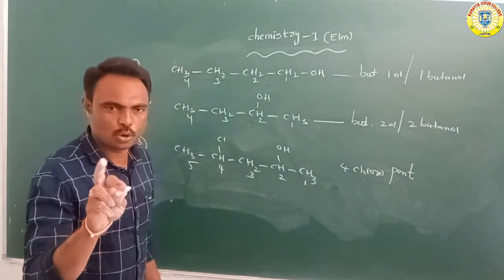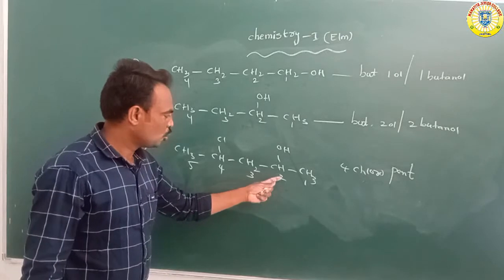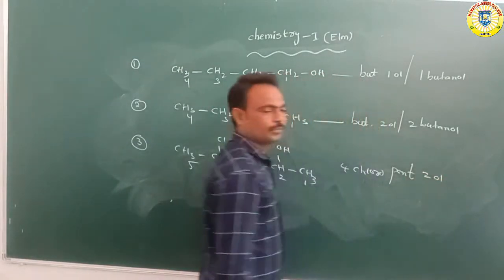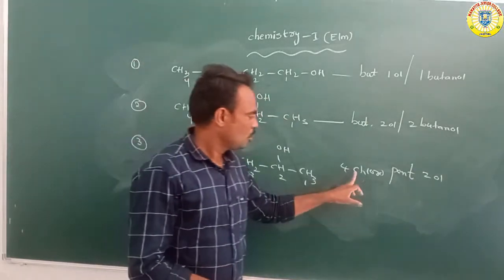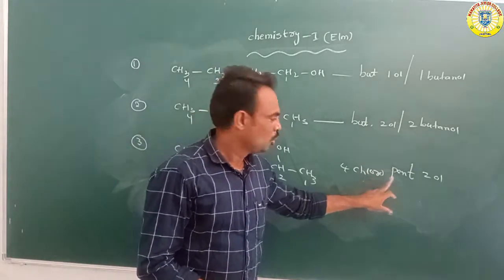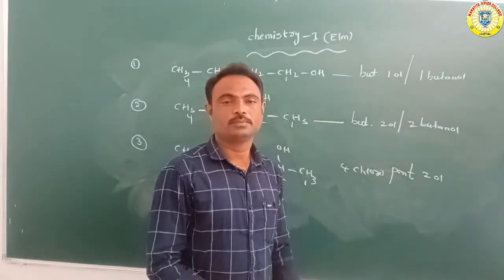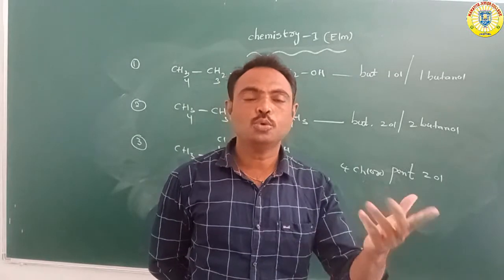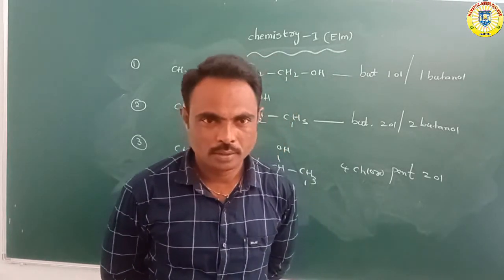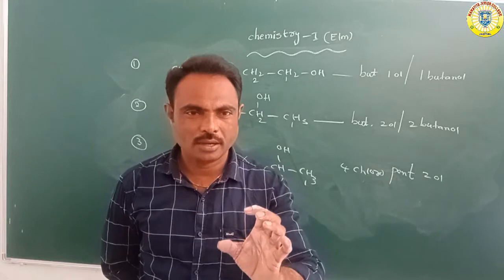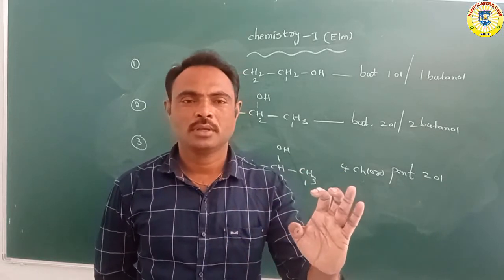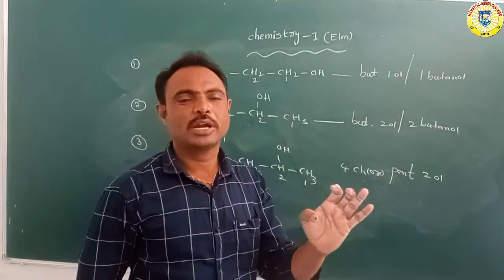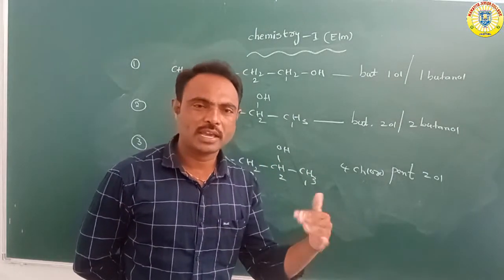So 4-chloropent, then 2-ol. Another name is 4-chloro-2-pentanol. So first we write the groups, then how many carbons, whether 4 carbons, but, or 5 carbons, pent.